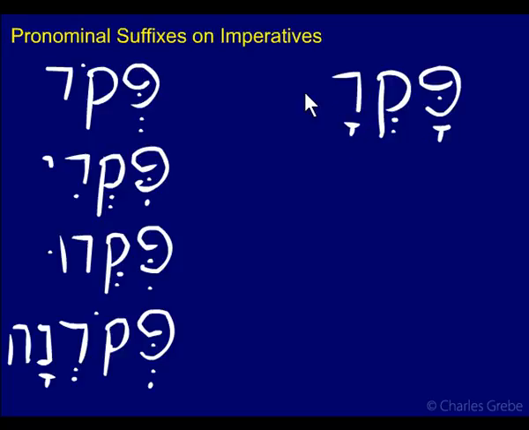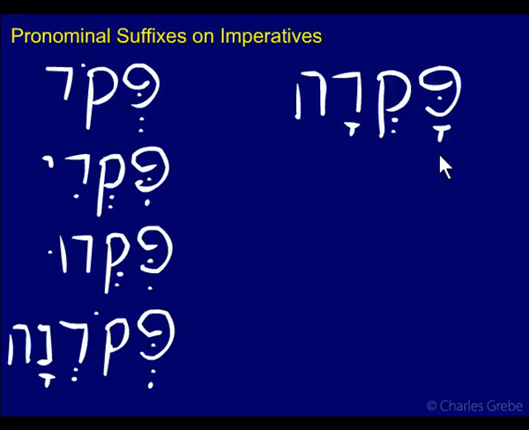We had this lengthened bit. When you add this qamets he, which is the lengthening part, then you had this happening on the other end. It seemed like the holem was reducing to a qamets hatuf, long O to short O. At least that's what I was thinking. So these are our imperatives without pronominal suffixes on them.